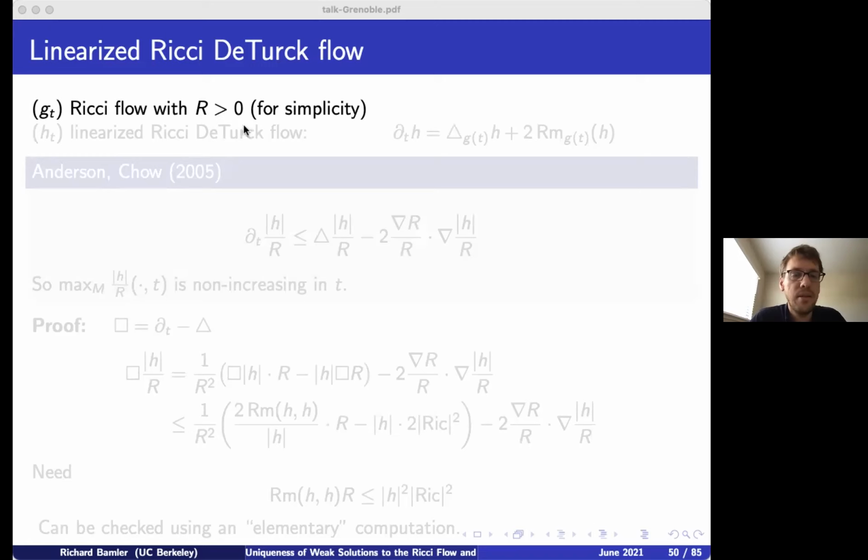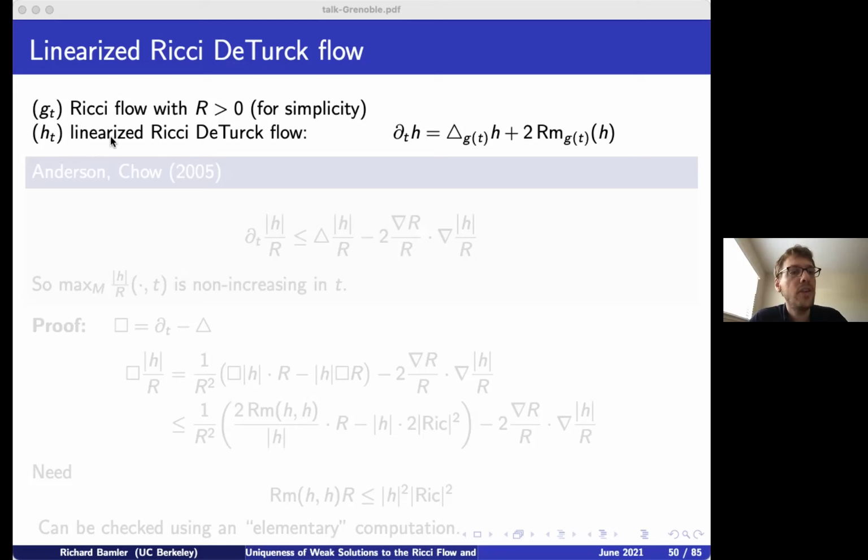It's not so hard to generalize this to a more general setting. And then I'm going to look at a linearized Ricci-DeTurck flow on that Ricci flow as a background. Okay, so this is the linearized Ricci-DeTurck flow. I just throw away the nonlinear part, and I consider the linear equation.